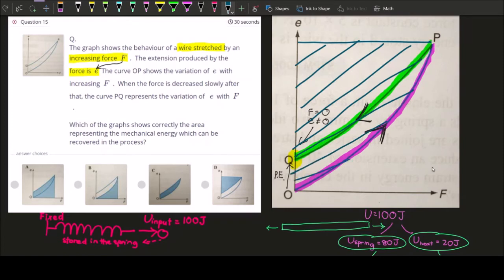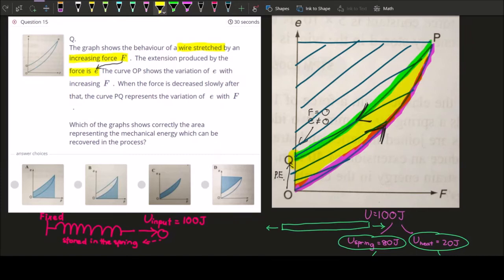But this amount of energy here is lost as heat. This amount of energy is used to overcome the internal friction of the atomic planes, so it's being released to the surroundings.